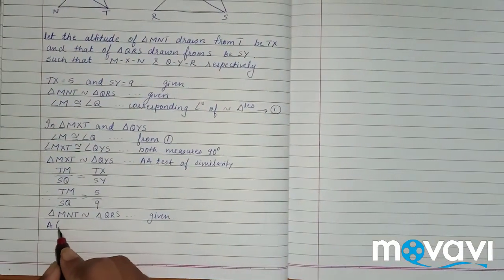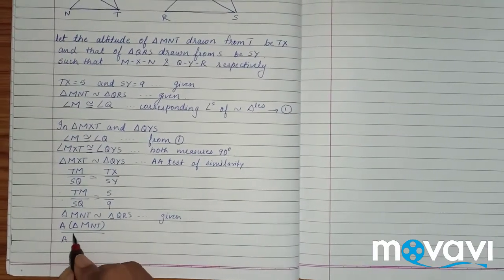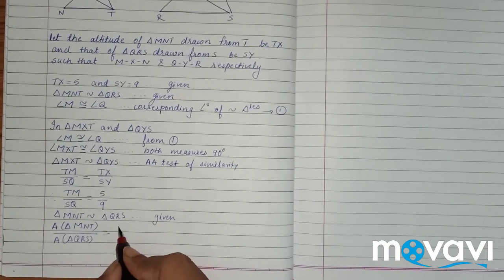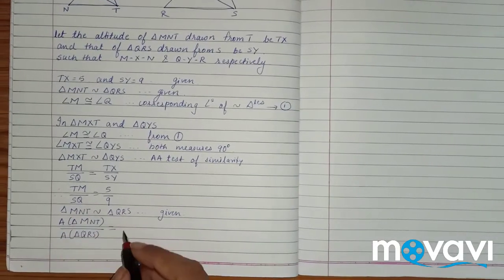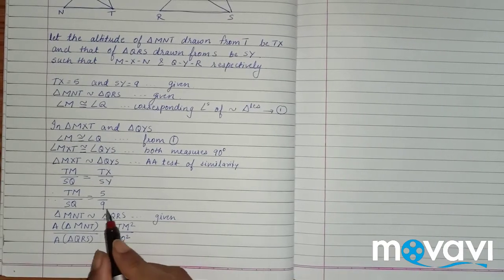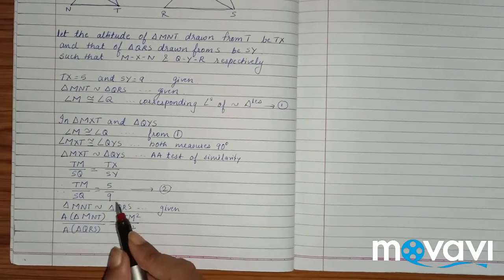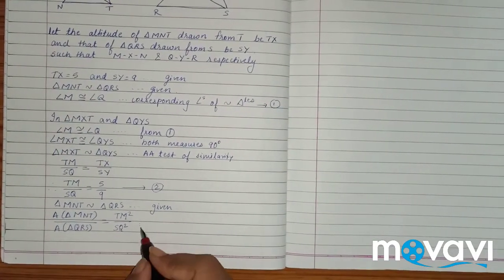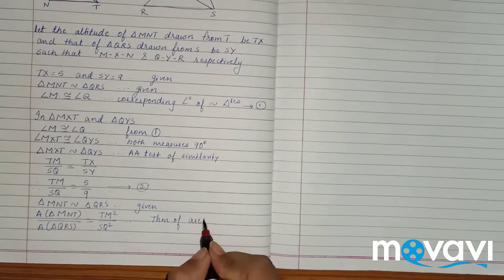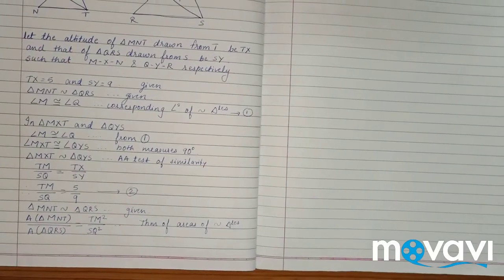So let us write down that area of triangle MNT upon area of triangle QRS is equal to squares of their corresponding sides. So this is the corresponding side I require, that is TM square upon SQ square. So I am taking it from here. So let this be my step 2. Okay, and I am going to substitute those values here. What will be the reason here? It is nothing but theorem of areas of similar triangles. Okay, that is the reason.